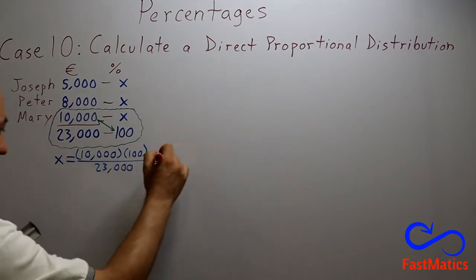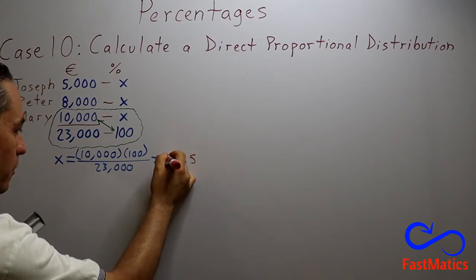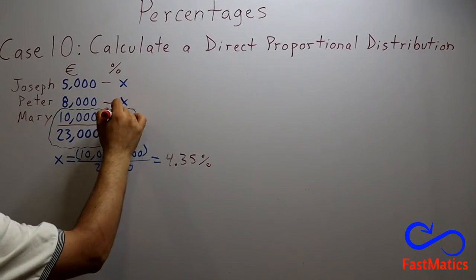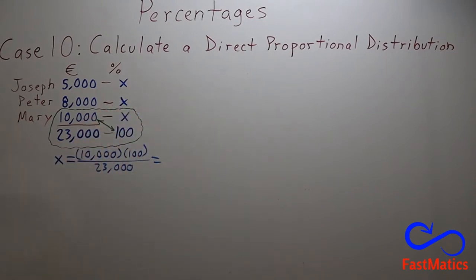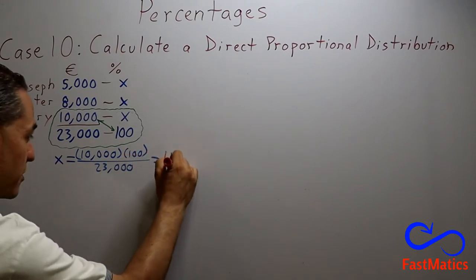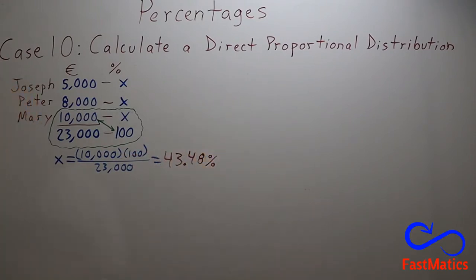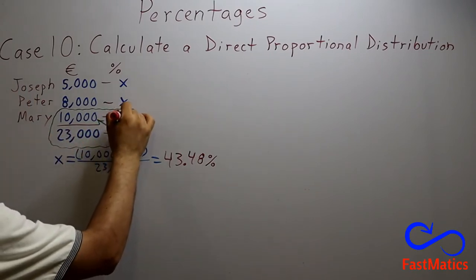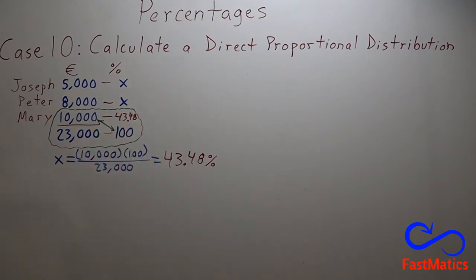And the answer is 43.48%. That means Mary gave us 43.48% of the money for the business.